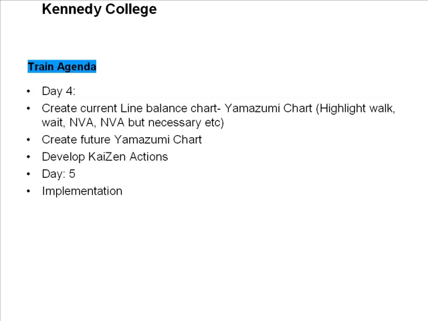You have different stations, and you have time here. The takt time. We're going to explain what the definition of takt time is and how we're going to calculate it. We have another line. We call it the planned cycle time.